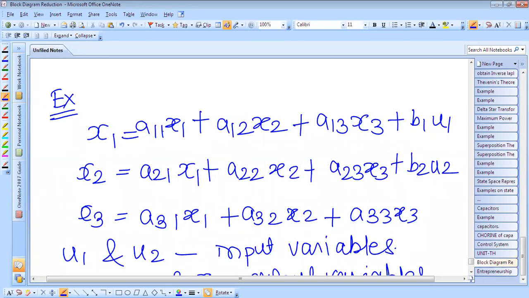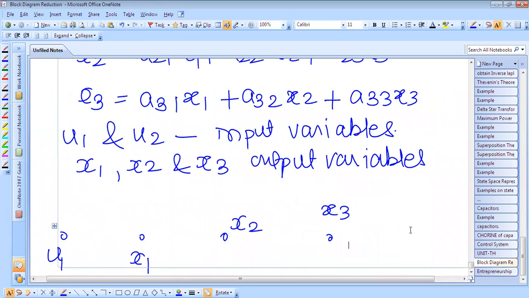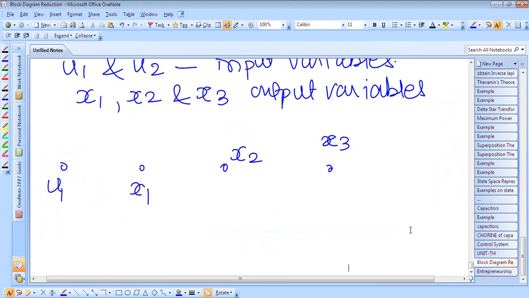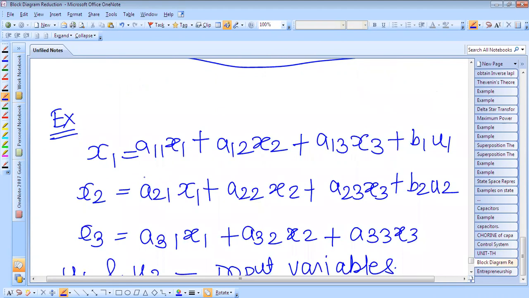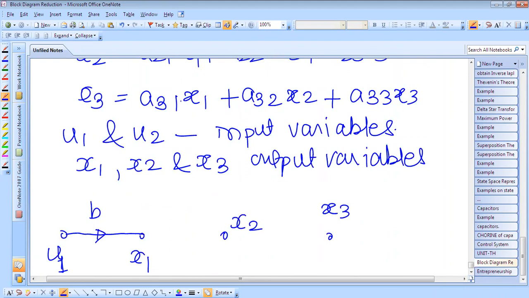So for this I can now draw the signal flow graph like this. x1 is equal to b1 u1, and to this x1 the self loop is there. So this is x1 equal to a11 x1, the a11 x1 self loop.